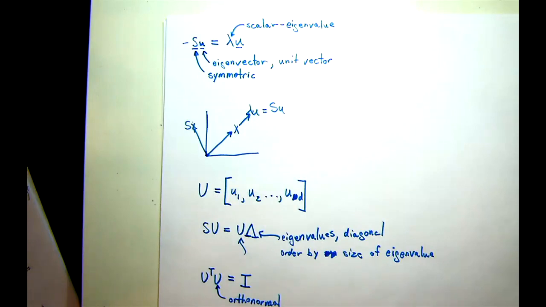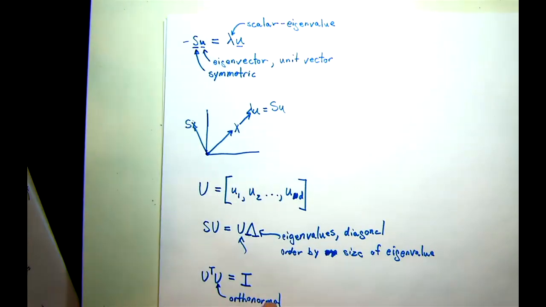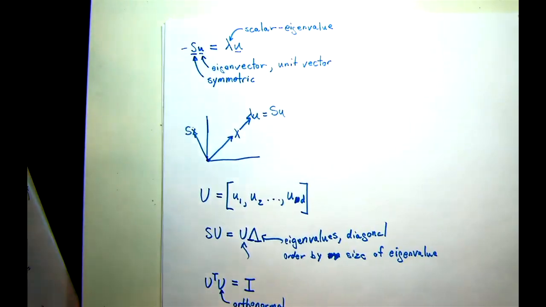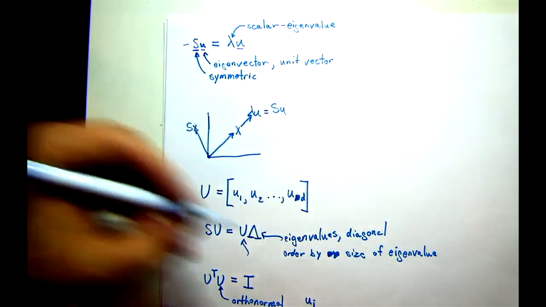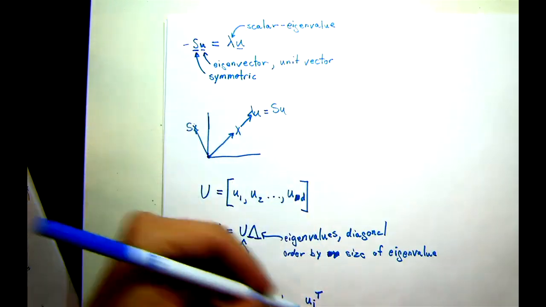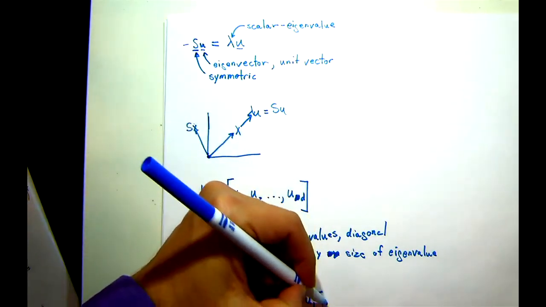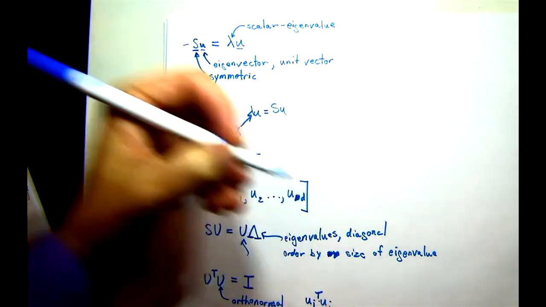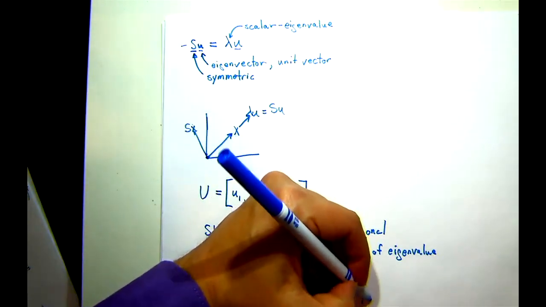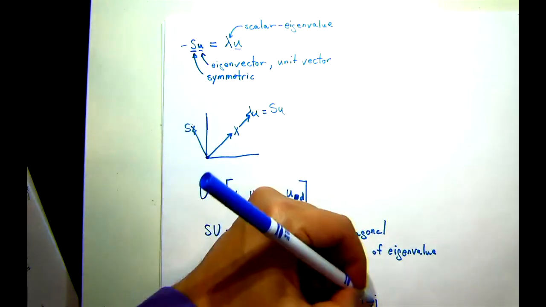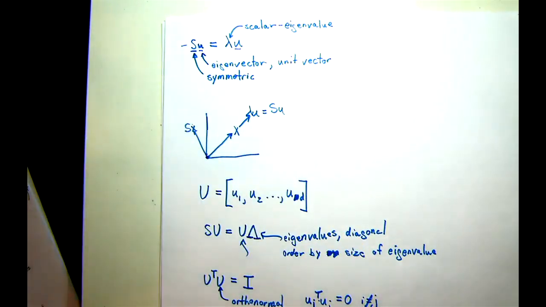And again, if we can just show this really quickly, if things are orthogonal, then that means that a given eigenvector times another eigenvector is going to be equal to 0 for anything i not equal to j.